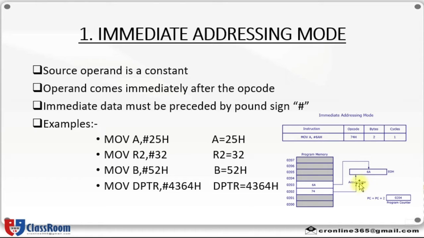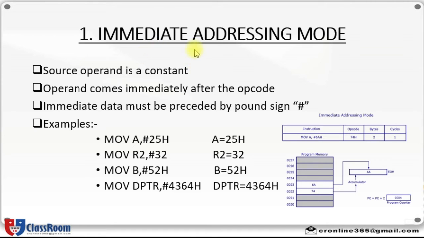You can see here the accumulator, having the address E0H, holds the value 6A. Then the program counter is automatically incremented to 0204. At first the program counter is at location 0202 holding the opcode MOV A, 6A, and then after fetching the instruction the program counter is automatically incremented to location 0204.